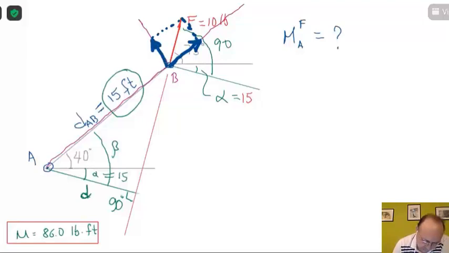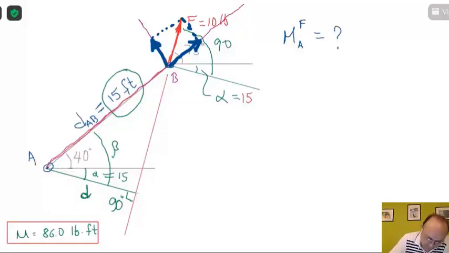You see here I get the components of force F in the direction of the line AB and in the direction perpendicular to the line AB.